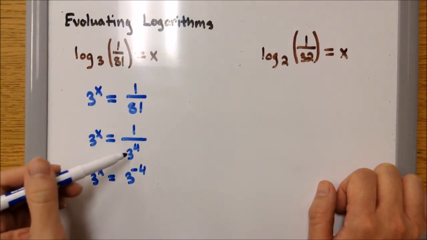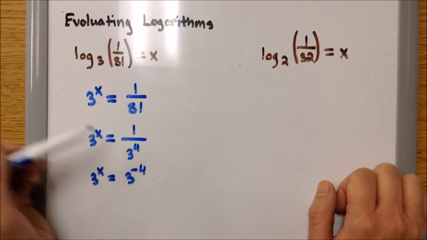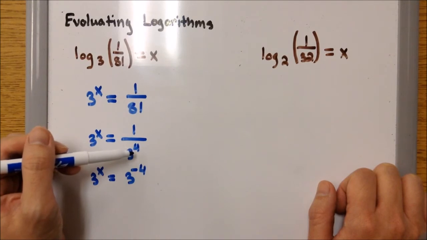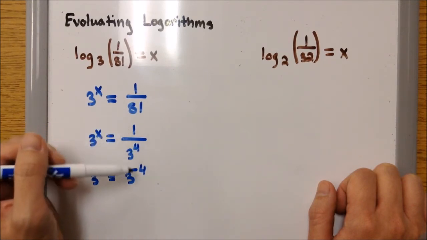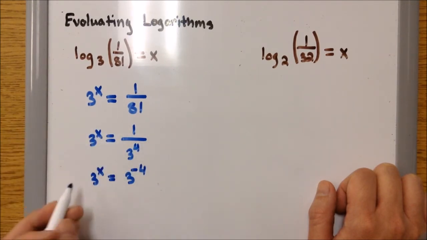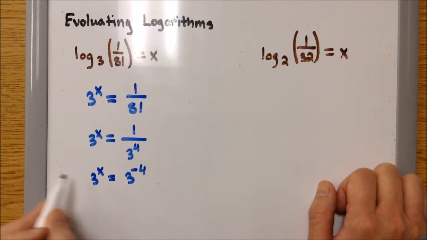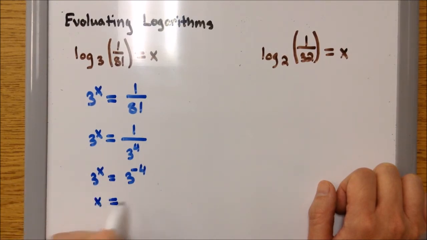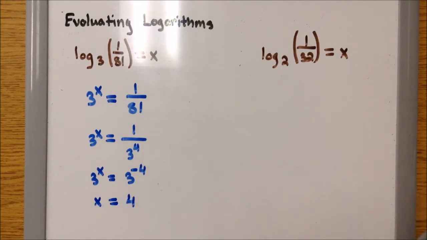Whenever you have a base with an exponent in the denominator, you can bring it up and change the exponent to a negative. When the base is the same, all I have to do is set the exponents equal to each other. So x equals negative 4.